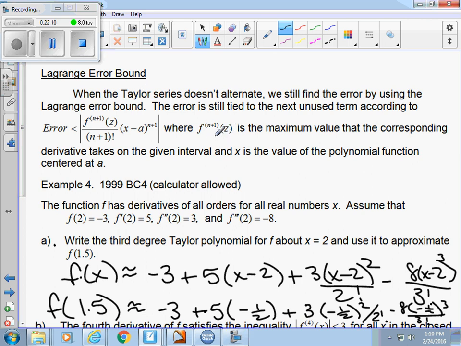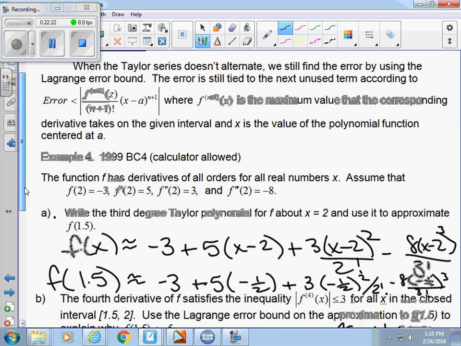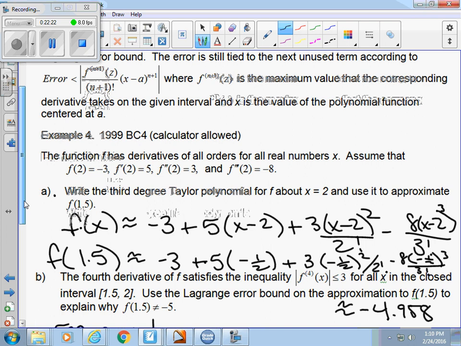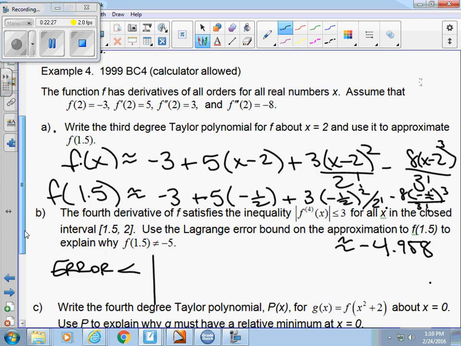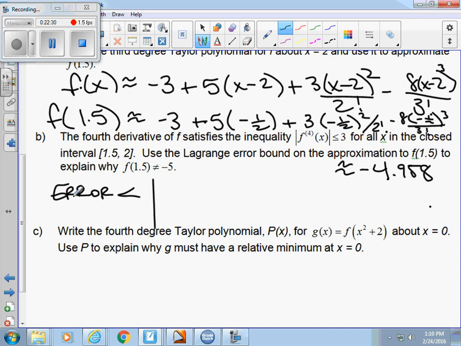We don't really care what z is. It is the maximum value the derivative takes on the interval. Well, luckily, what do they tell us? The maximum value the fourth derivative takes on is 3. The derivative is always less than or equal to 3. Does everyone see that? They tell us that because we need that information for the Lagrange error bound.